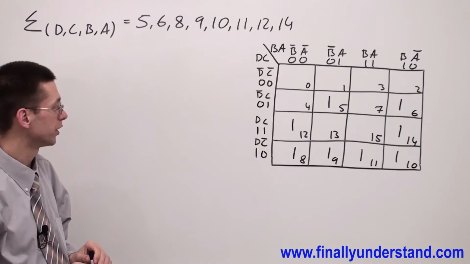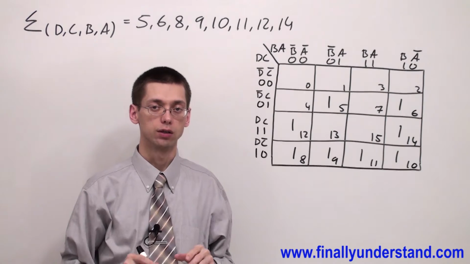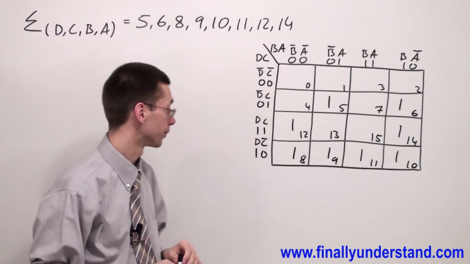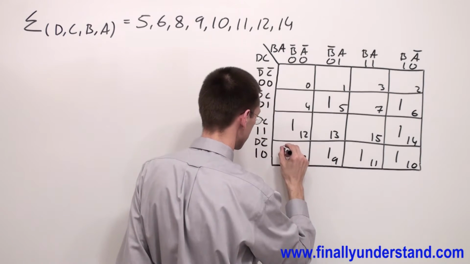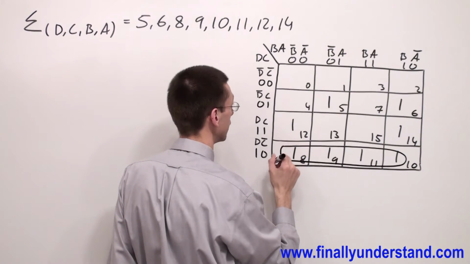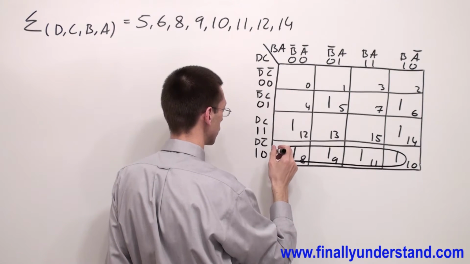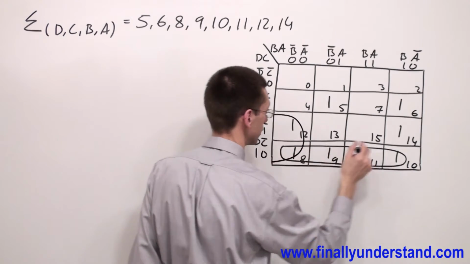Let's check how many groups we can create. Remember, we'll always try to create the biggest group possible. So I have 4 ones in this row. So this is going to be my one group. And my other group is going to be this one.